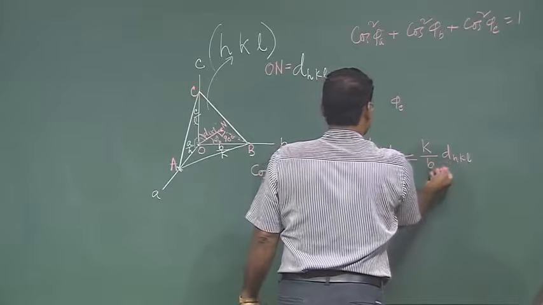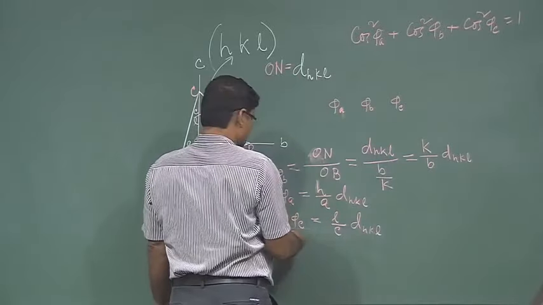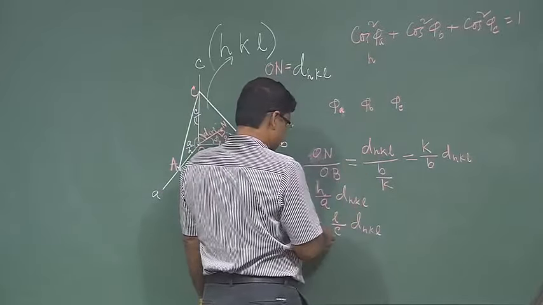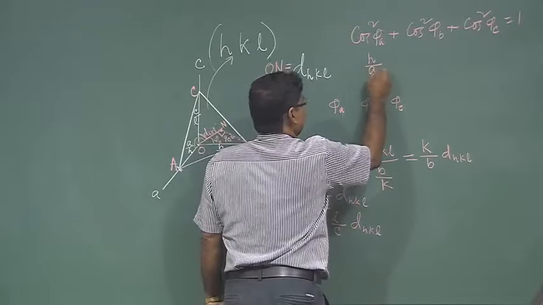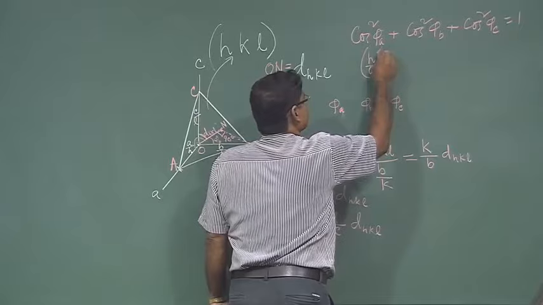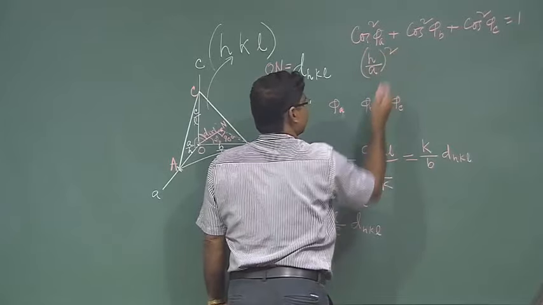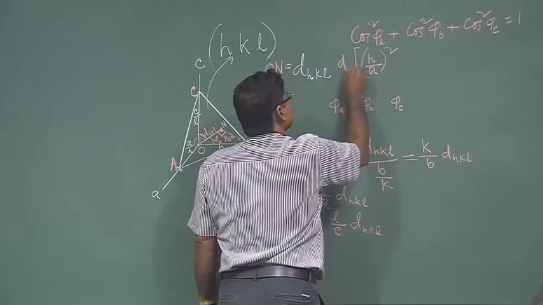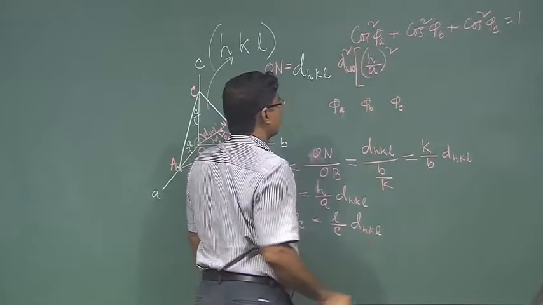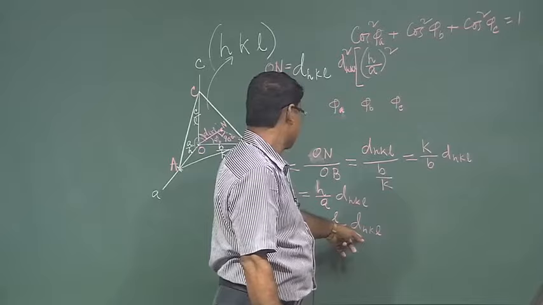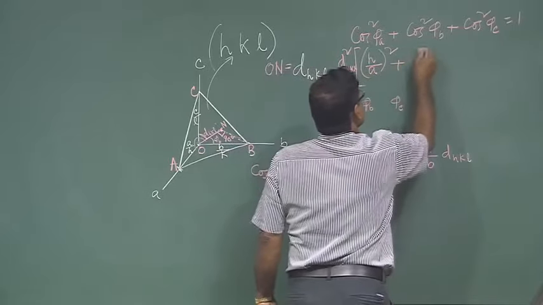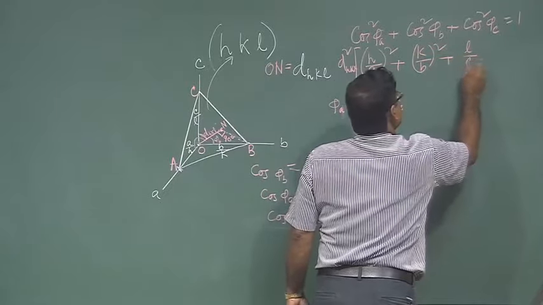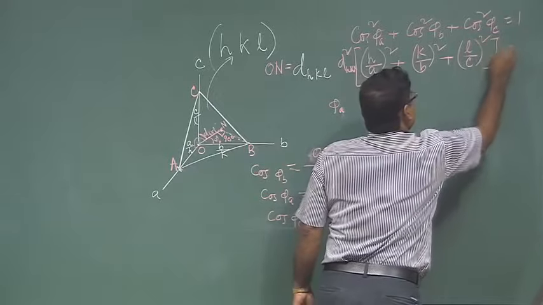If you put the values of cos phi A, cos phi B, cos phi C, you get H by A whole square, and I will take DHKL square outside because it is in all three terms, plus K by B whole square plus L by C whole square equal to 1.